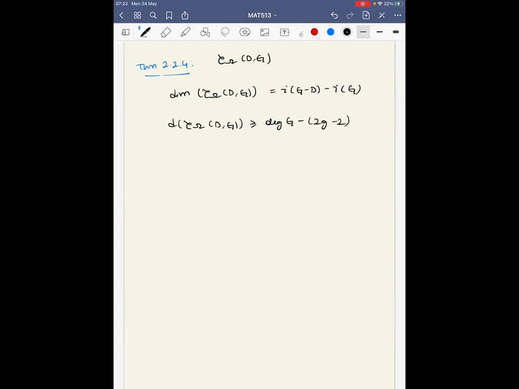Like for the minimum bound in the AG code, we call this integer the design distance of an AG code C omega d of g.